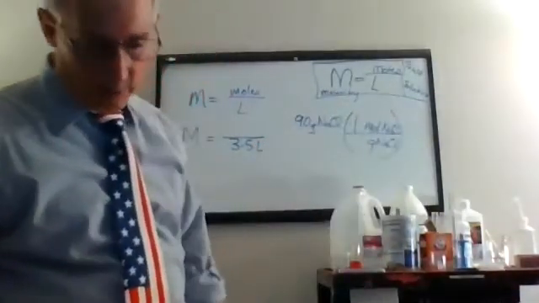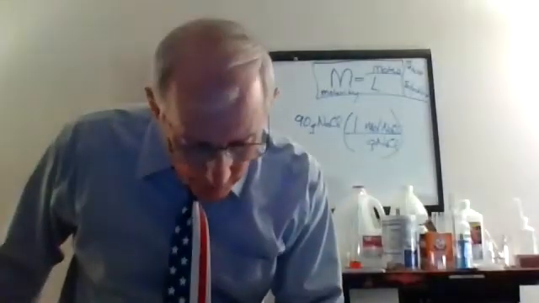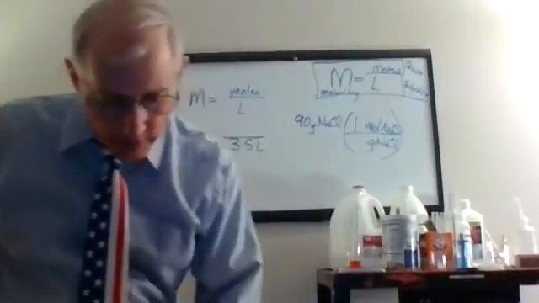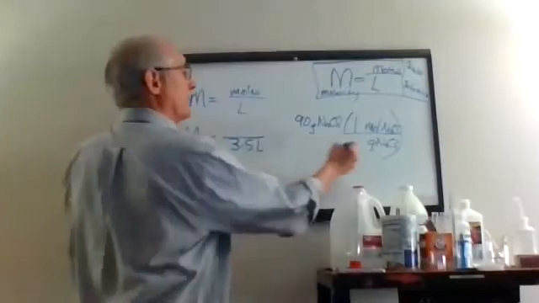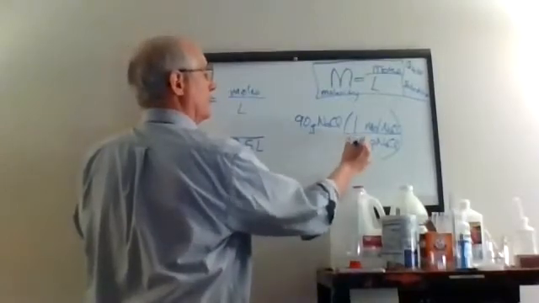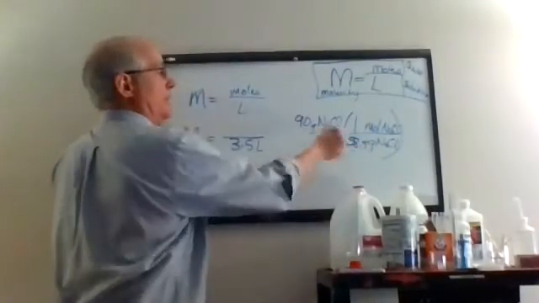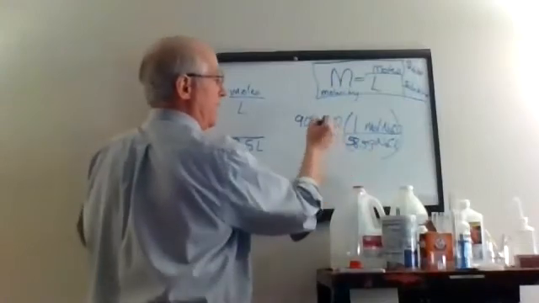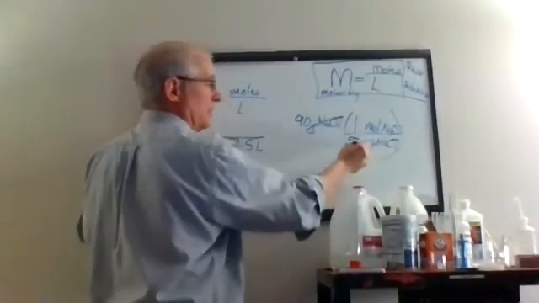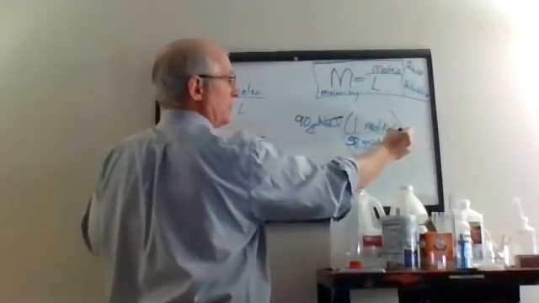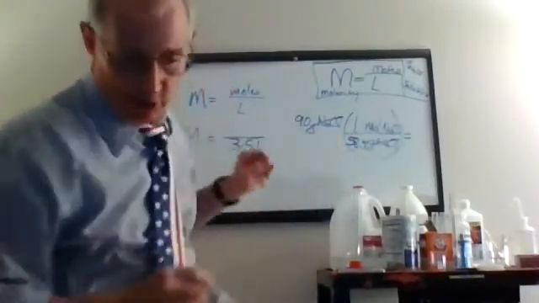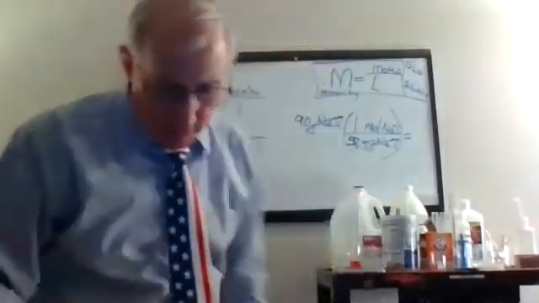So what's 23 divided by 35.5? I'm going to cheat and look, it's 58.5. And when you take 90 divided by 58.5, you can get the moles of sodium chloride, which is 1.54.